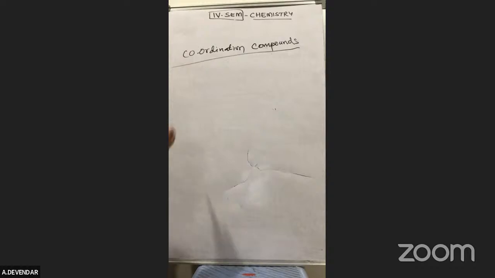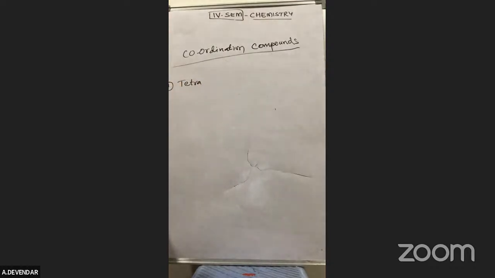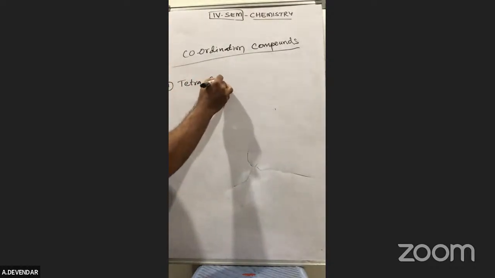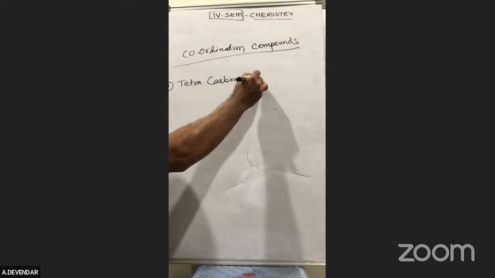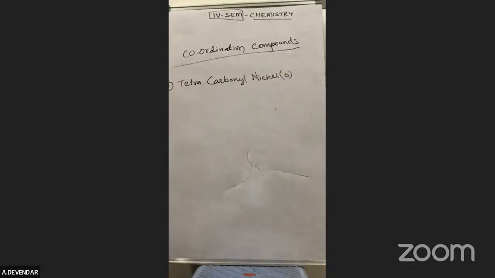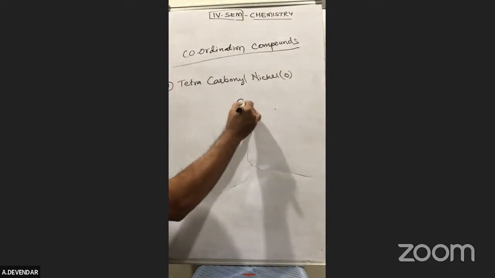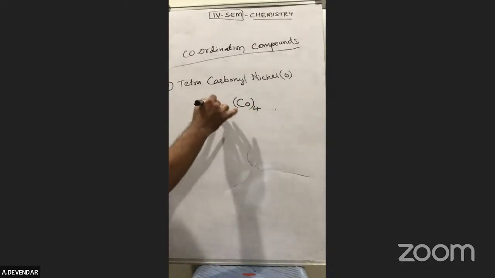Tetracarbonyl nickel. The structure is not given. Suppose in the examination, tetracarbonyl nickel, the oxidation state is 0. Carbonyl is a neutral ligand. Tetra means how many carbonyls? Four.